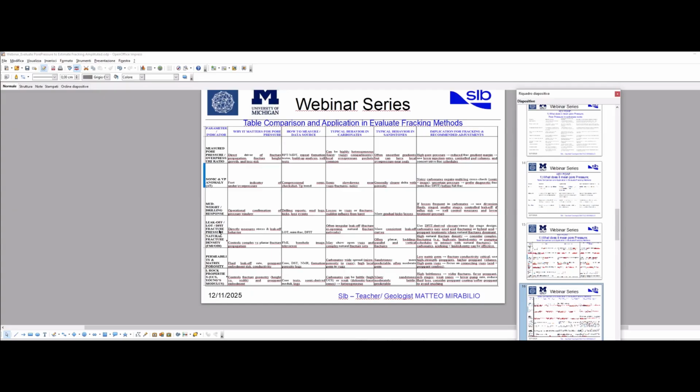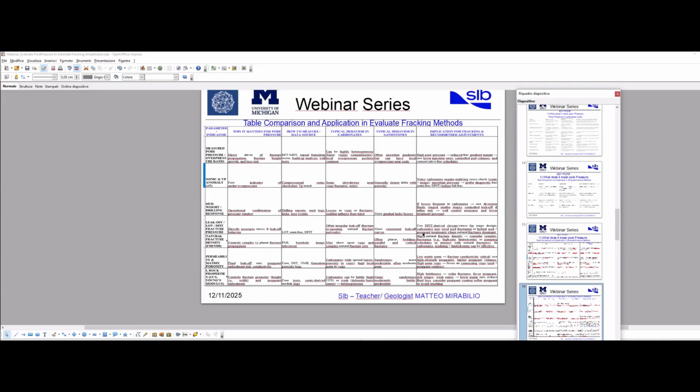For example, another parameter you need to consider is the leak-off of the fracture pressure, because you can have an important implication: use the DFIT-derived closure stress for this design.